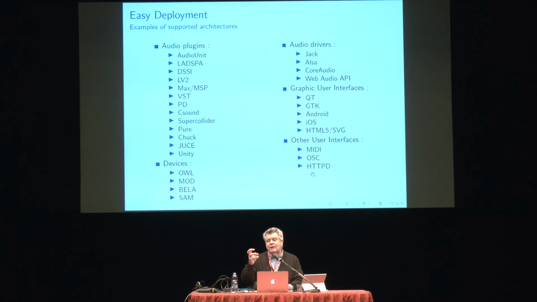For example, you can use Faust to program a Raspberry Pi effect and using an HTTP interface. So it means that you connect from a remote computer to the Raspberry Pi. You see it will appear as a web server. You connect to that web server and you see in your browser the user interface of the code running on the Raspberry Pi, and then you can control it remotely.